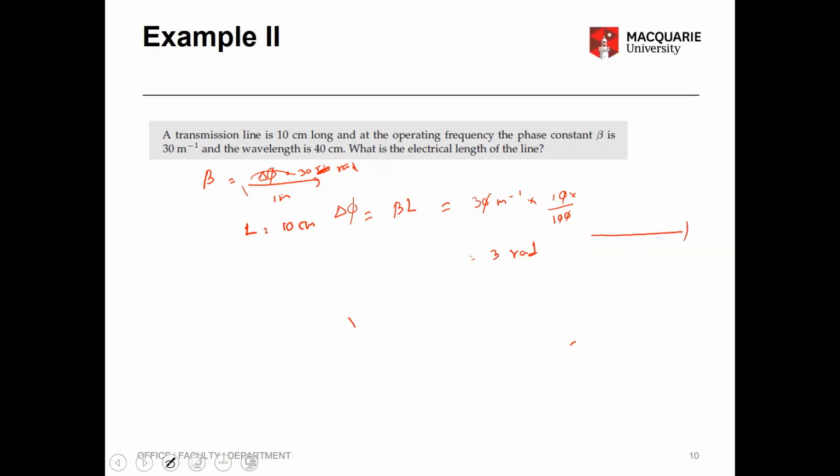If you have a 10 centimeter line, you have a 3 radian difference. Now, when you define electrical length, it is basically the length of the line in terms of wavelength, where lambda is 2 pi in radians. The electrical length here, which is beta L, is equal to 3 radians.